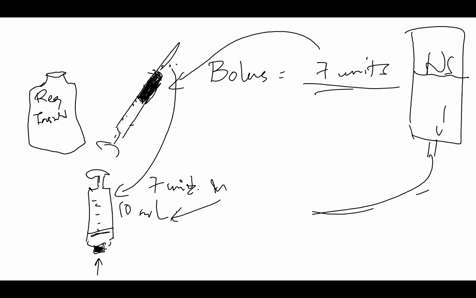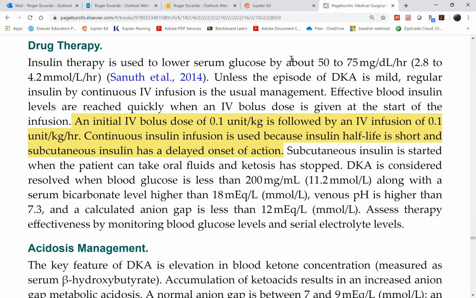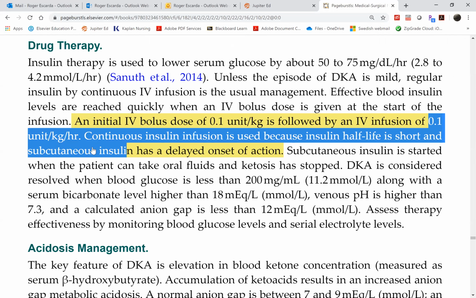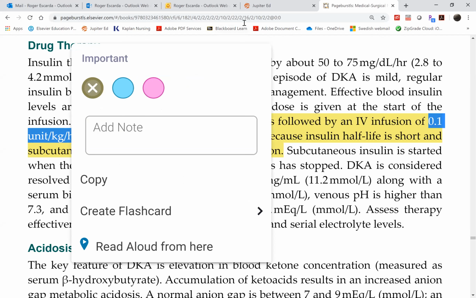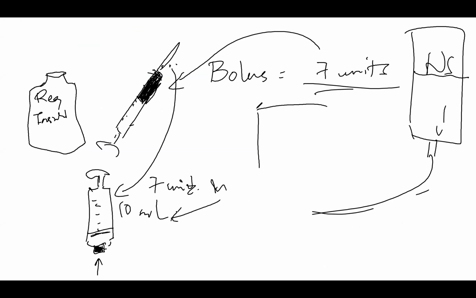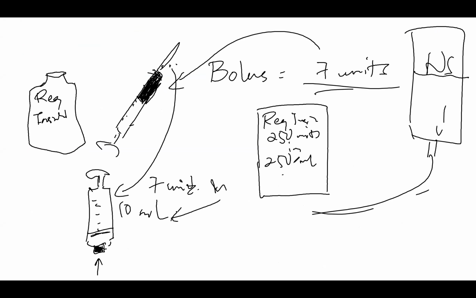So you just gave your intravenous bolus. Now comes the continuous infusion. The order for continuous infusion is 0.1 units per kilogram per hour. Here I have a bag of regular insulin, 250 units in 250 ml of normal saline.